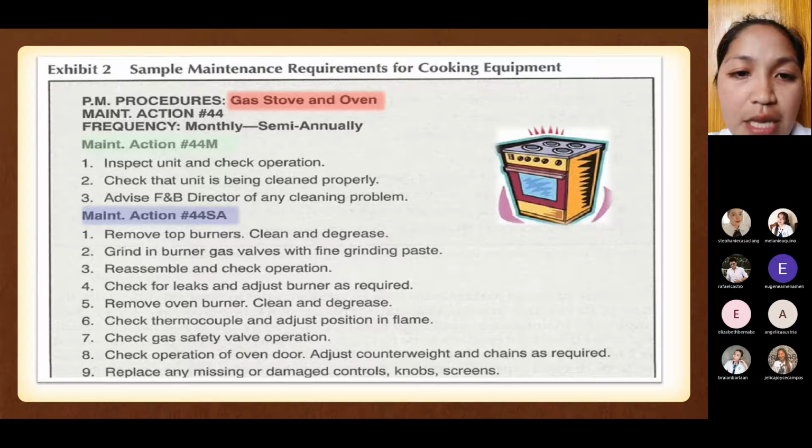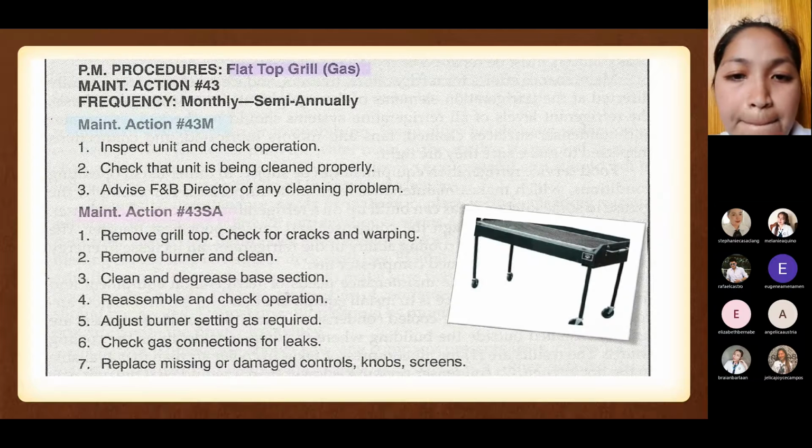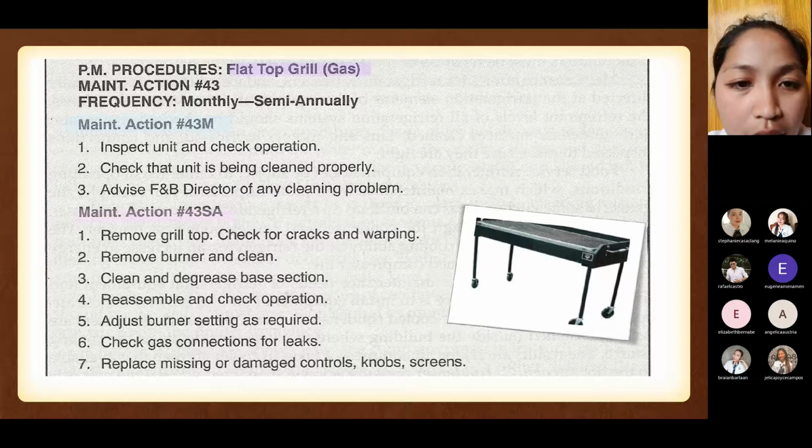Another sample is the flat top grill, gas. Number 1, inspect unit and check operation. Check that unit is being cleaned properly. Advise again the F&B director of any cleaning problem.